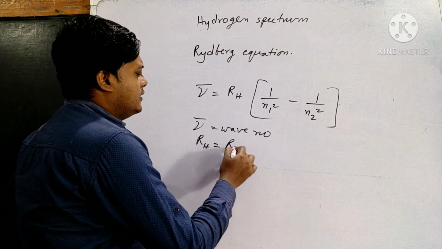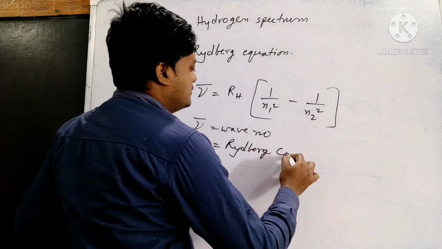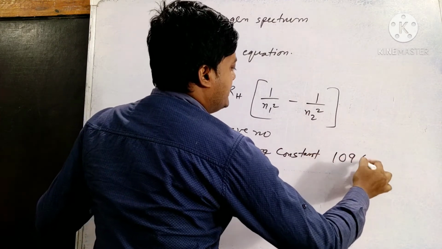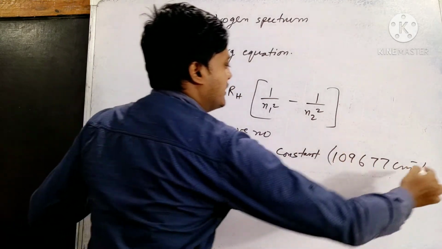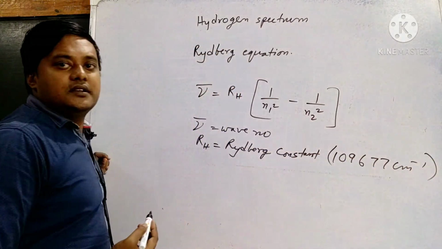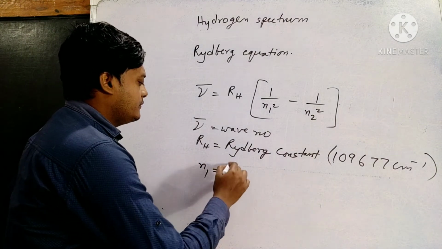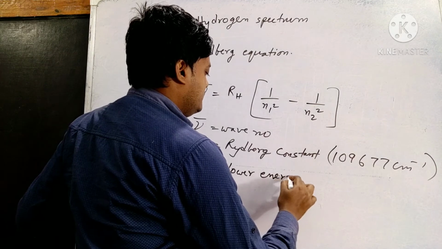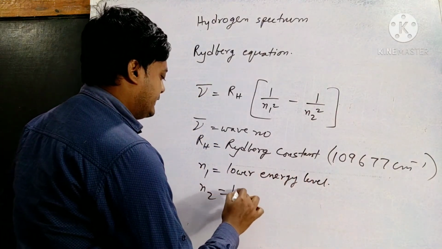R_H is the Rydberg constant, whose value is 109677 centimeter inverse. And n1 is the lower energy level, and n2 is the higher energy level.